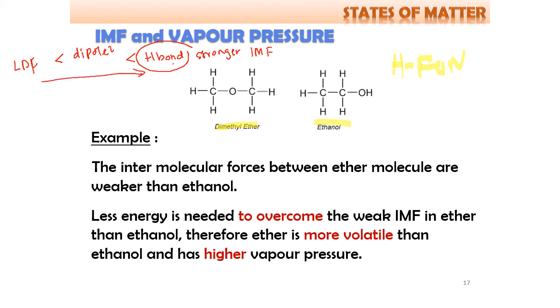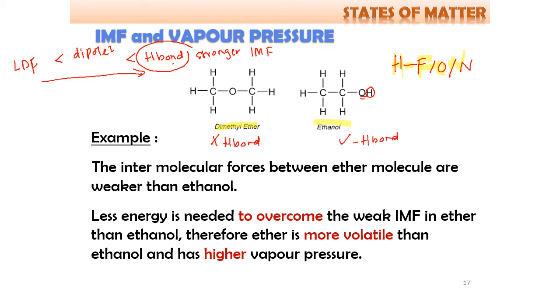Okay, so if you can see, dimethyl ether tak boleh ada hydrogen bond. And syarat untuk hydrogen bond mesti hydrogen that is bonded to F ataupun O ataupun N, nitrogen atom. Okay, so for ethanol you have hydrogen that is bonded to oxygen. So ethanol boleh form hydrogen bond.